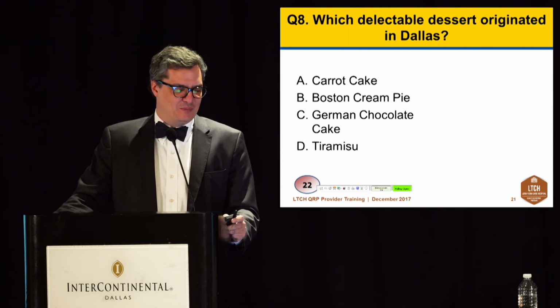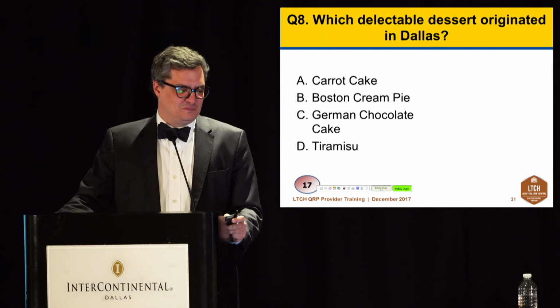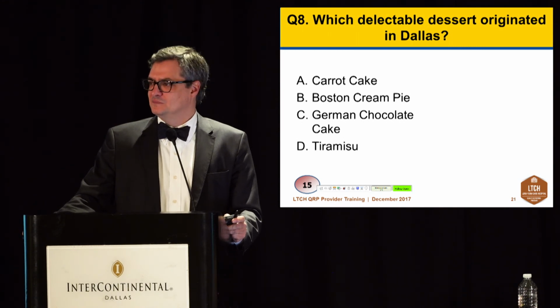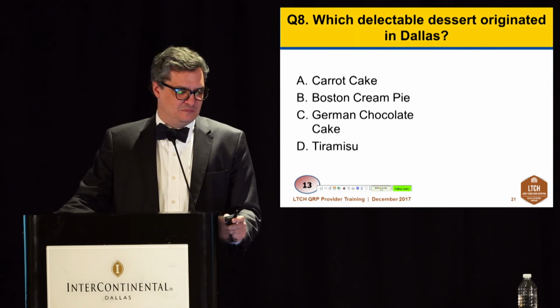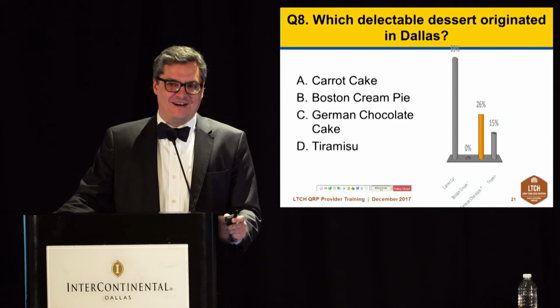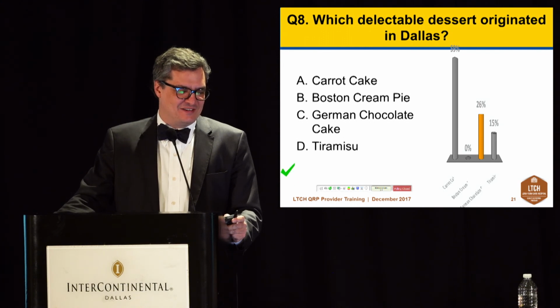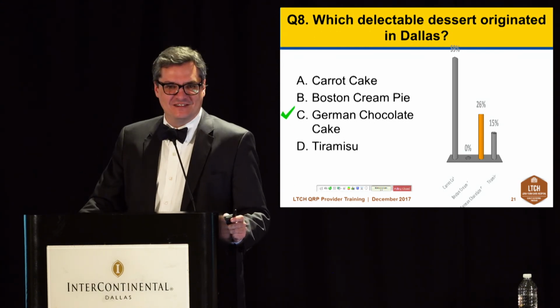There must be much deliberation. Ah, they've tricked you, huh? There must be some carrot cake lovers in the crowd. Correct answer is C, German chocolate cake.